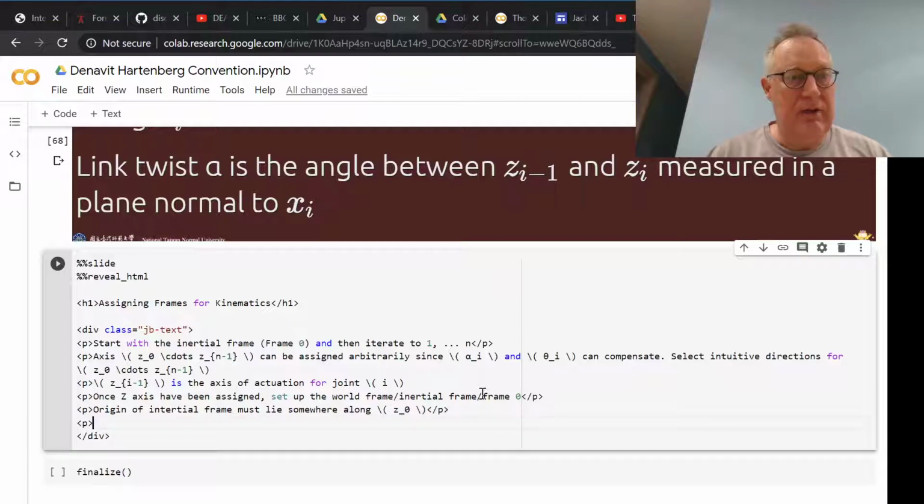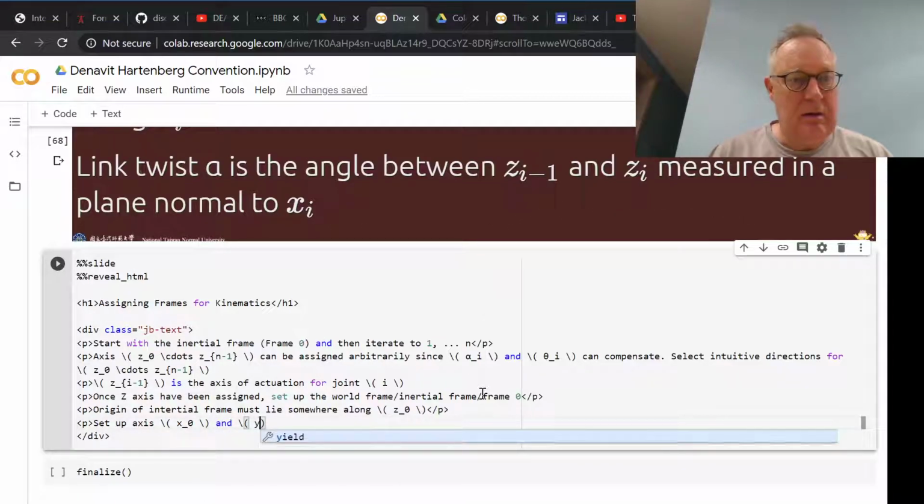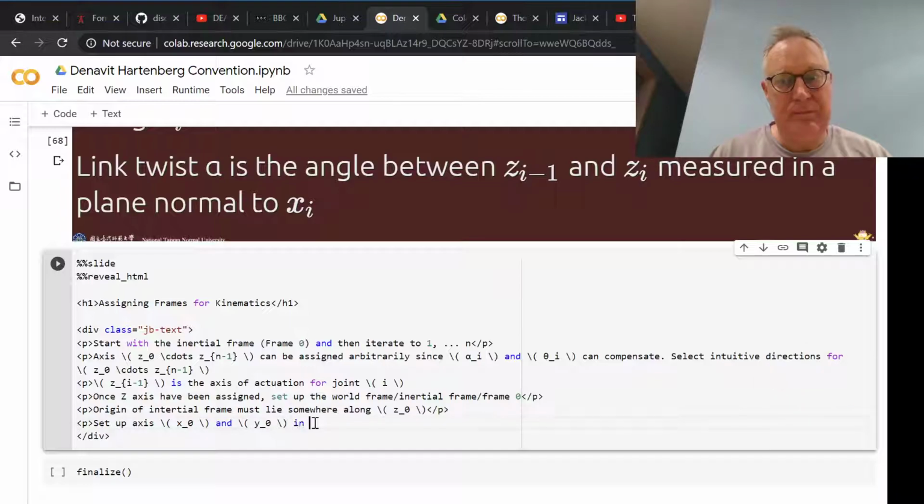But we still have a choice for x and y, so set up axes x0 and y0 in such a way that it makes sense to you, and is a right-handed coordinate system.